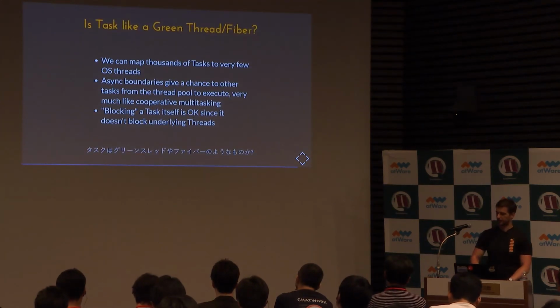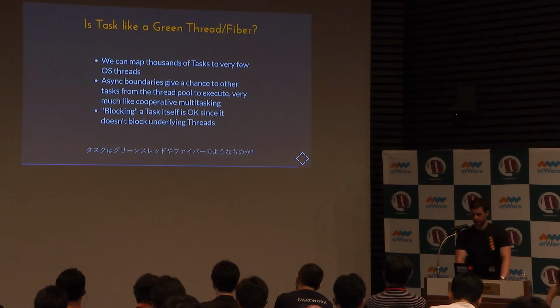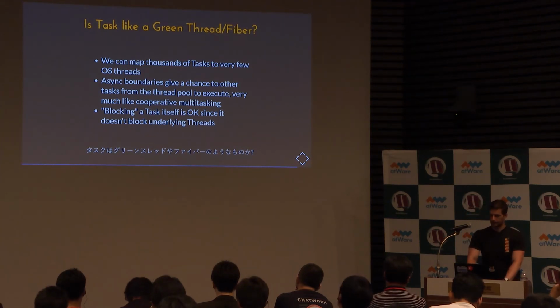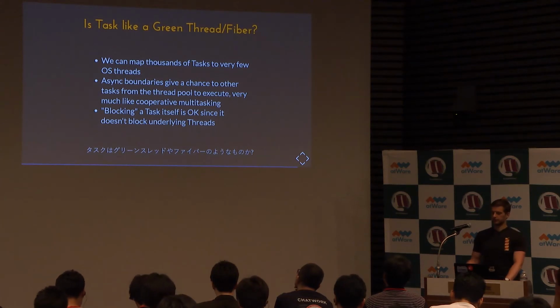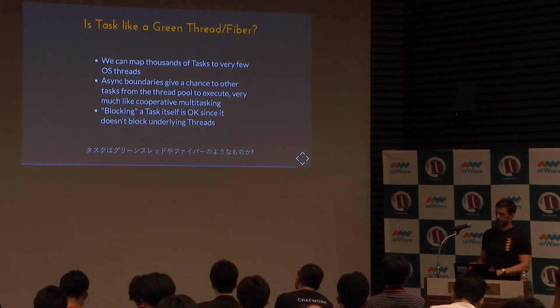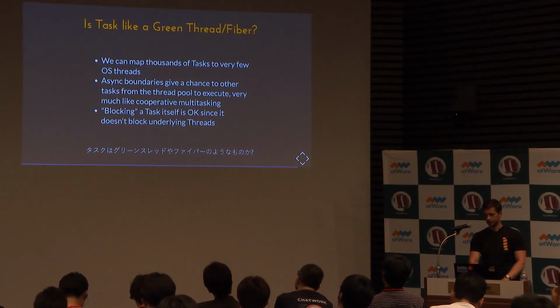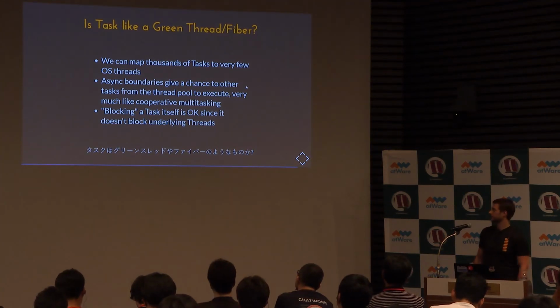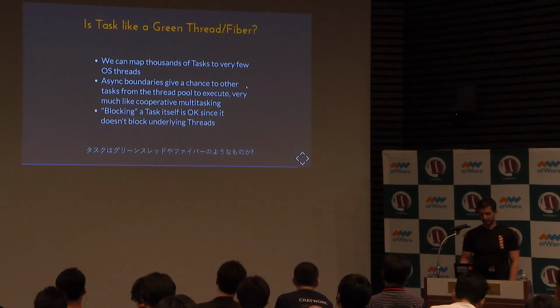And we could ask ourselves, is task like a green thread or fiber? And if we look at it, we can also quite cheaply use thousands of tasks and execute it on very few threads. Asynchronous boundaries were like this cooperative yielding from fibers.